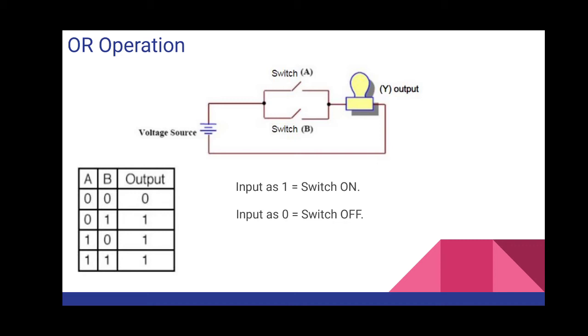So if I am adding 0 plus 0, obviously I am going to get the answer as 0. Now next condition, if one input is 0 and the second input, that is B, is 1, so the addition is what? 0 plus 1 is 1. That is why it is satisfying the condition of OR operation, that if any one input or any one condition is true or 1, then only you will get the output as true, that is 1.